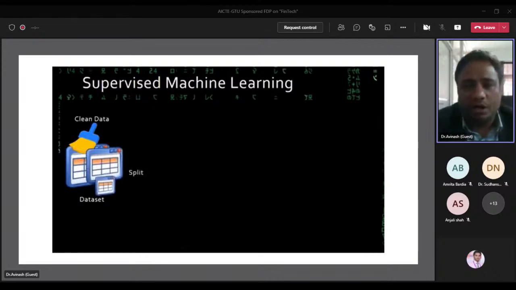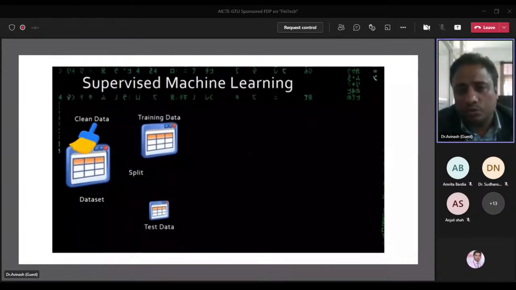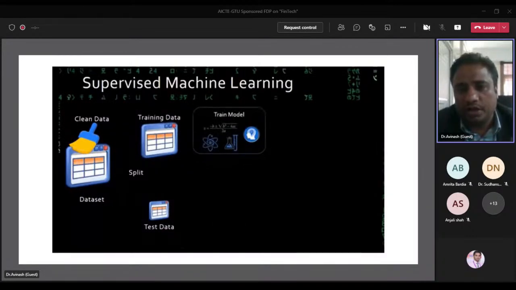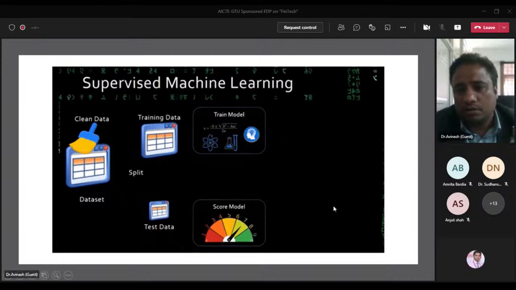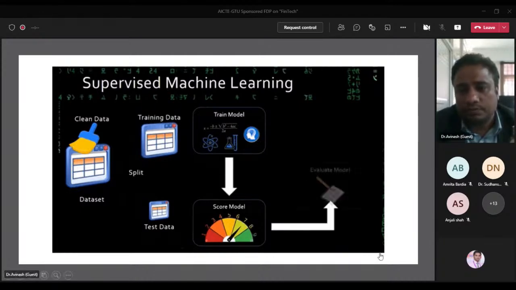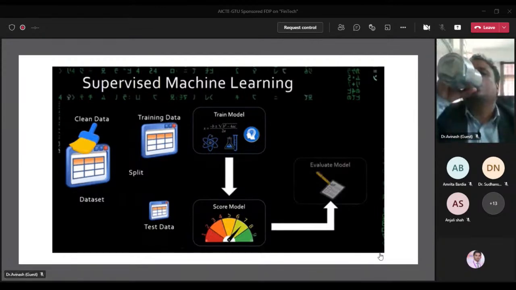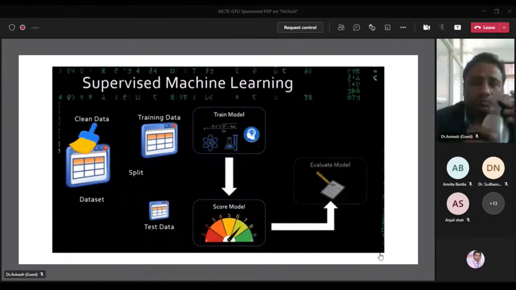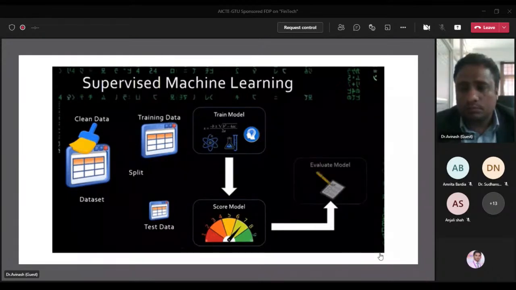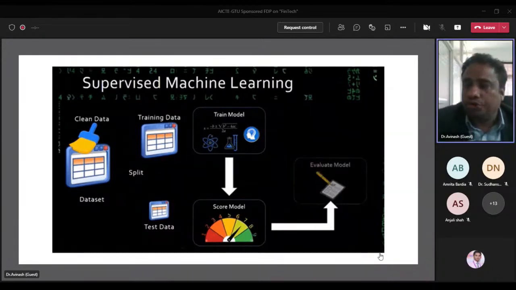I hope the supervised machine learning model is clear to you. If anyone has any question, please stop me and ask. So no question from the participants.